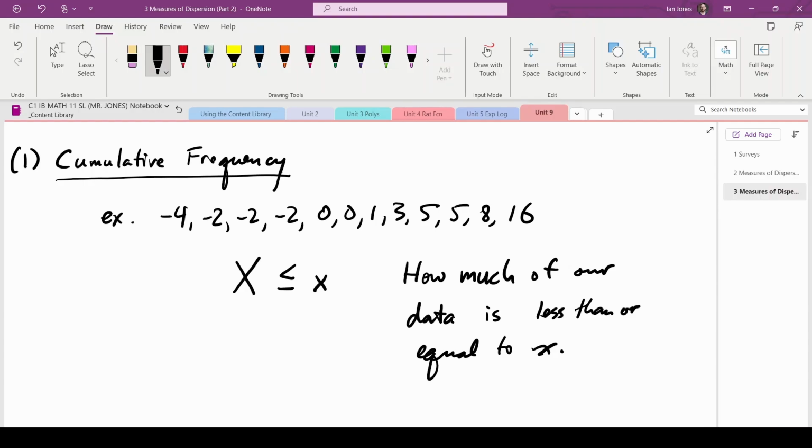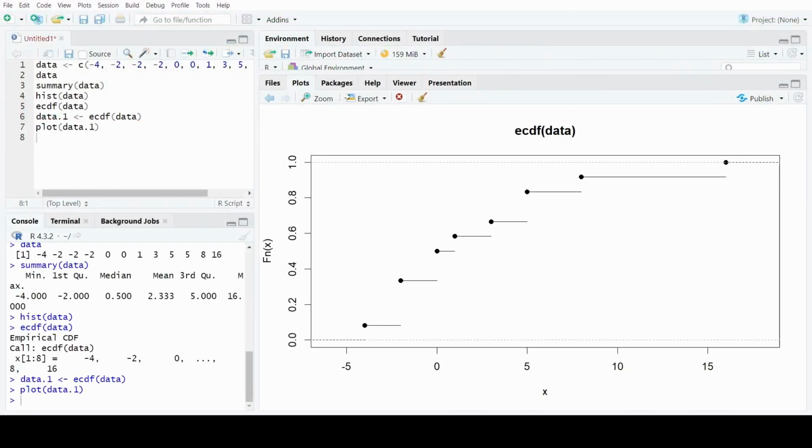You can see that in this particular plot is the fraction of the data all the way up to 1. We could have percents here. This would be 0%, 20%, 40%, and so on. Or we could have counts, how many data points, okay? So that's what a cumulative distribution frequency is.